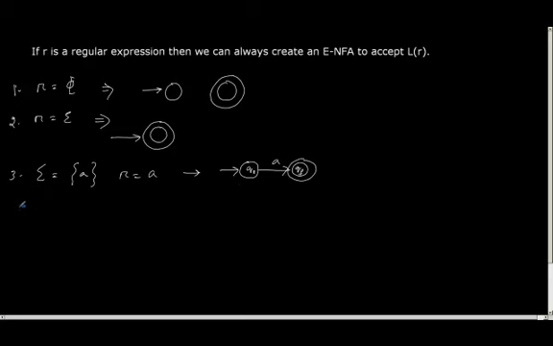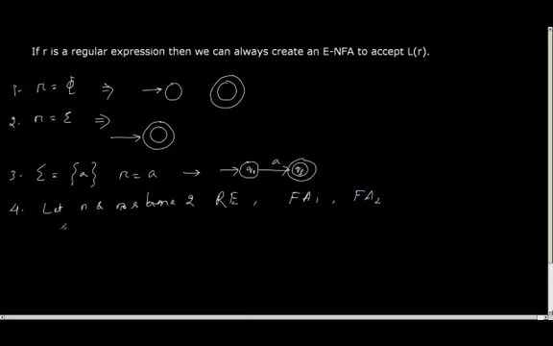Now let us come to the other parts. Given R and S, let R and S be two regular expressions, and suppose they have epsilon NFAs, finite automata 1 and finite automata 2.